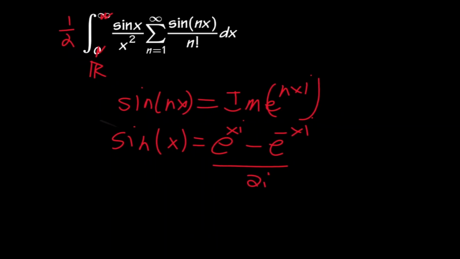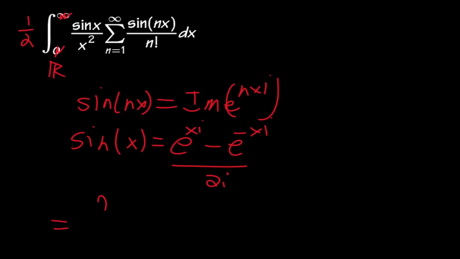So with this all in mind, our integral is equal to 1/2 times the integral over all real numbers of, well, the imaginary part, but I'll put the imaginary part on the outside of the integral.